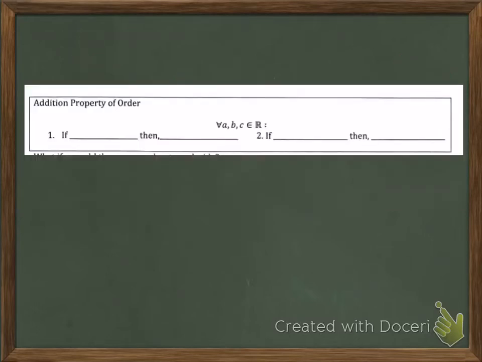So based on our discussion of the symbols, this statement here reads, for all A, B, and C that are elements of the real numbers, if A is less than B, then A plus C has to be less than B plus C. So it kind of looks like the addition property of equality, but then we're dealing with inequalities and not equations.